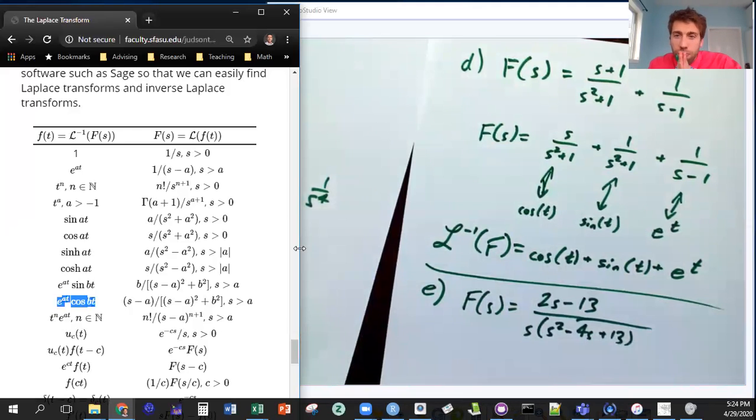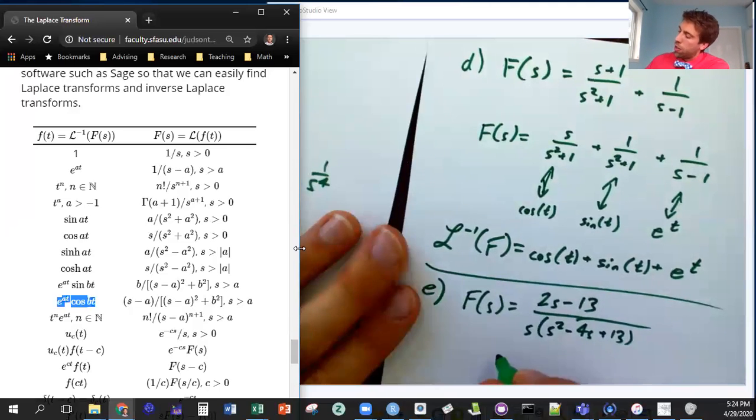So s squared minus 4s plus 13 is a quadratic that does not factor. The plus 13 makes it so that it doesn't have any real roots. So let's do our partial fractions first, and then we'll deal with that guy later.